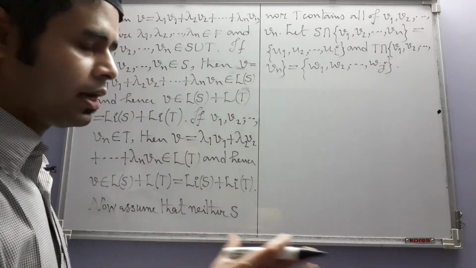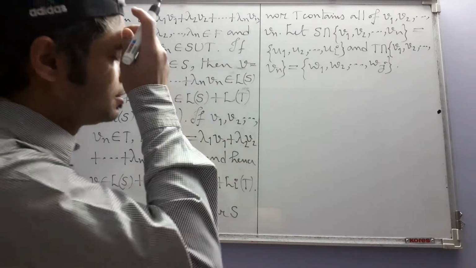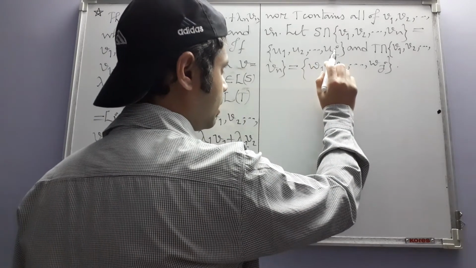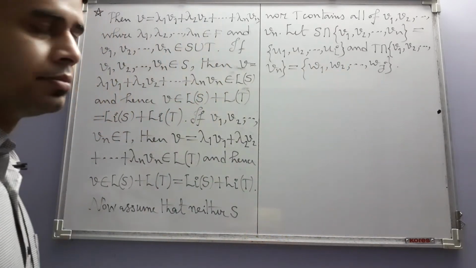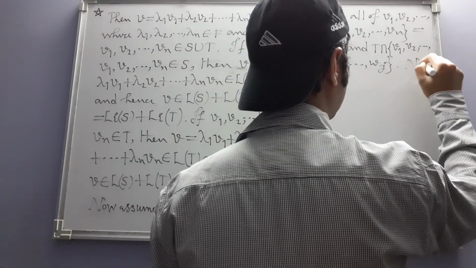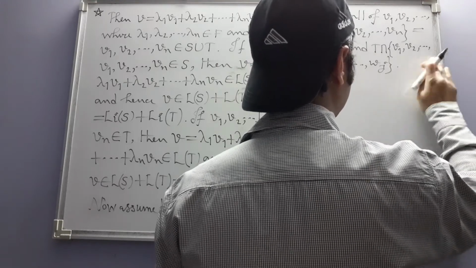So we have classified them into two disjoint sets. I plus J is N. Now we can write then.